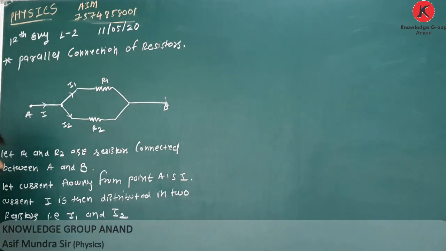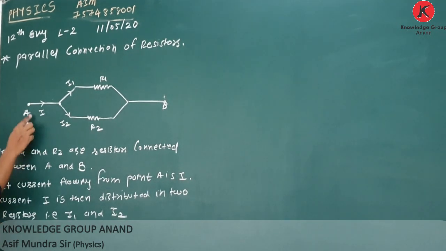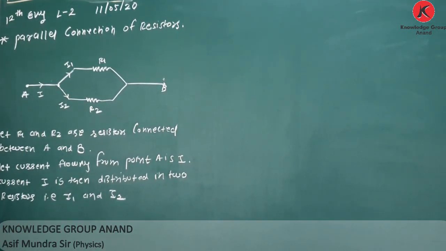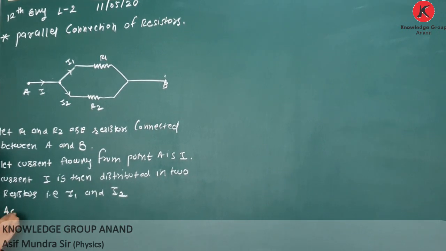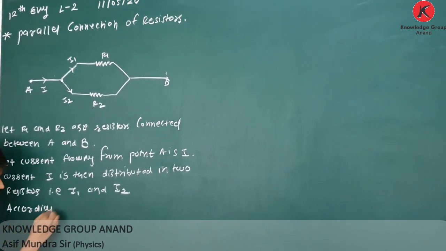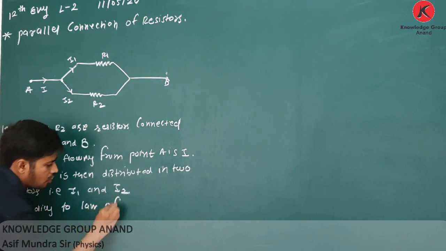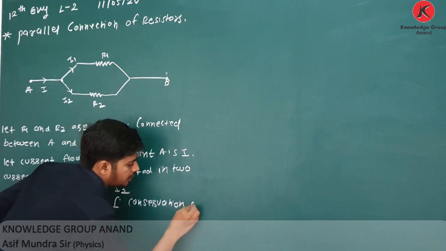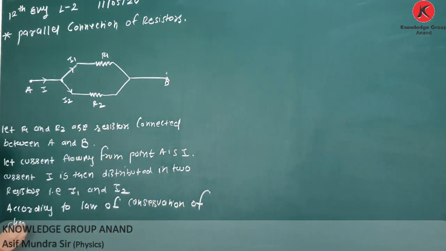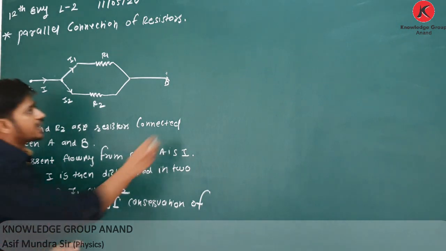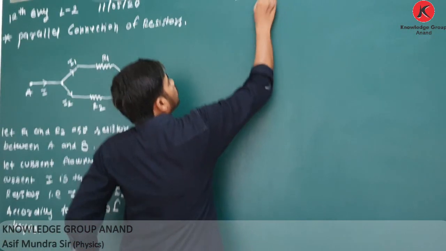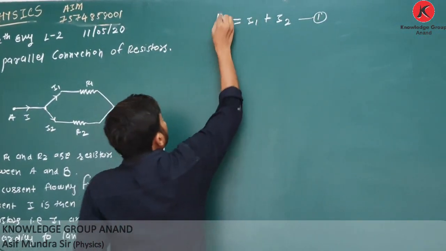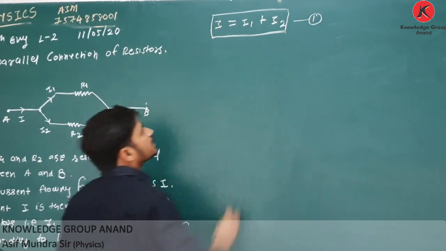So according to the law of conservation of charge, if the current flowing from A is I, and it is divided into these two branches, I can write I is equal to I1 plus I2, equation number 1, and it is the equation for current in parallel connection.